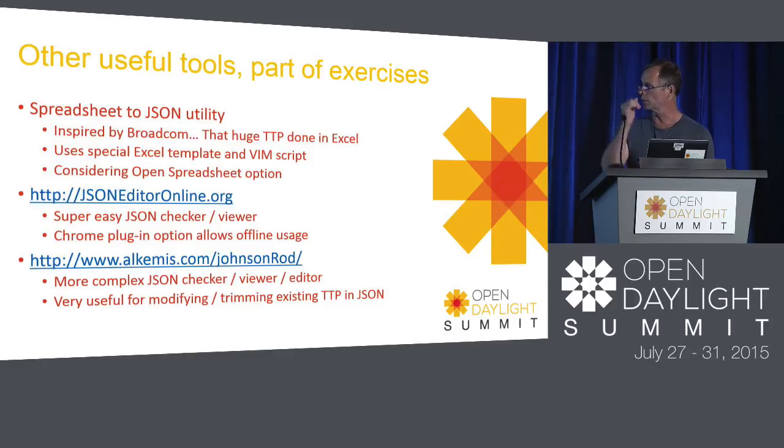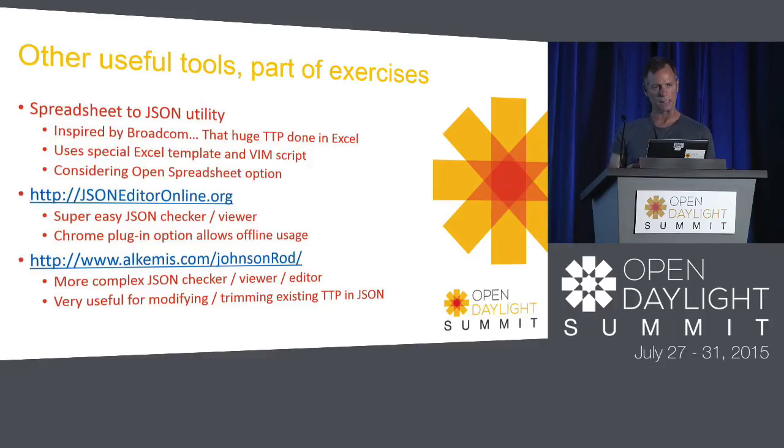There are some other nice tools. So I mentioned that we are looking at potentially implementing the same idea using a more platform-independent option. There's also something if you want to check your JSON, which we often want to do to validate something quickly.